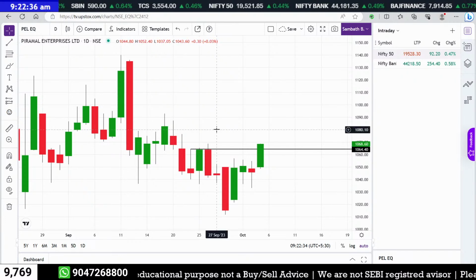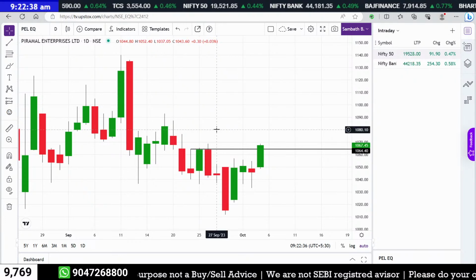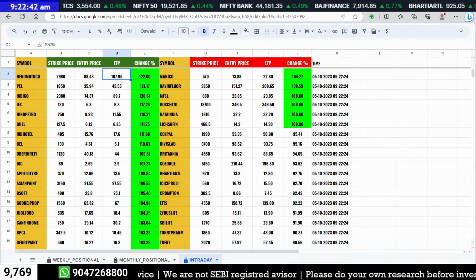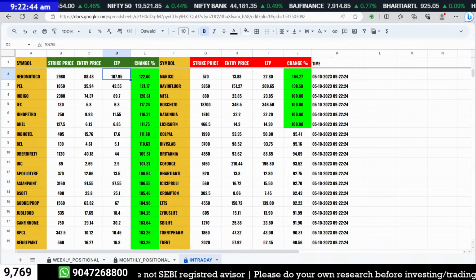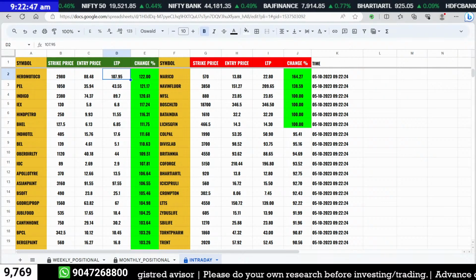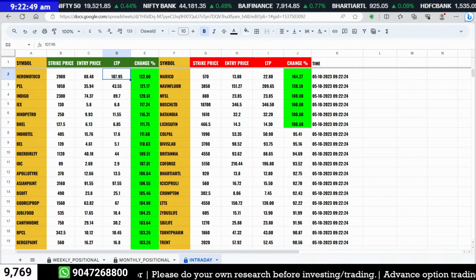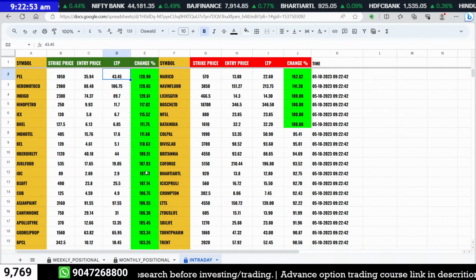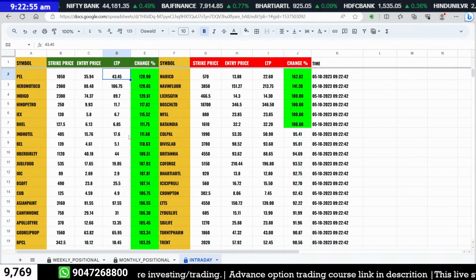As a quick scalping from 42, now it is 44, the PEL. We need to find a good opportunity from this list.